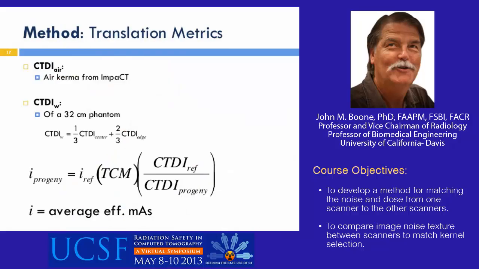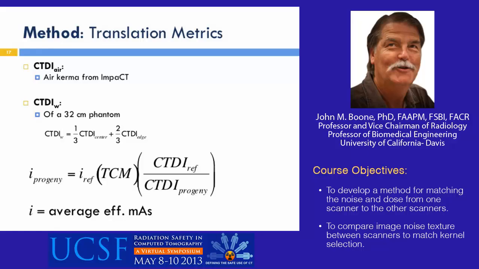So our method for translating protocols from one scanner to another is either to use CTDI air or CTDI W, as mentioned before, and to form a proportionality here such that we can deliver the same average effective mass based upon these protocols.